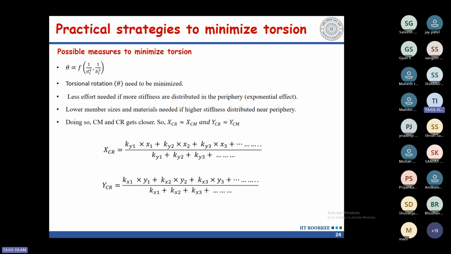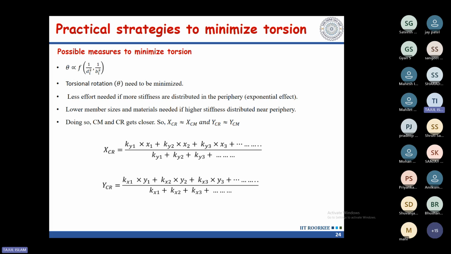Now let us see some examples. What I have presented is where I have tried to eliminate the torsion, and the procedure, as I told already, was iterative, so you have to do some iteration. But the number of iterations will be less if you are focusing on the peripheral members.